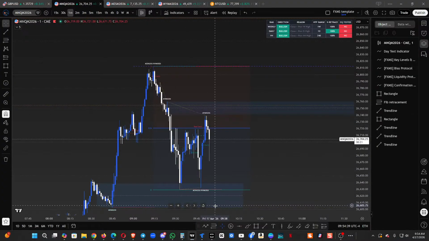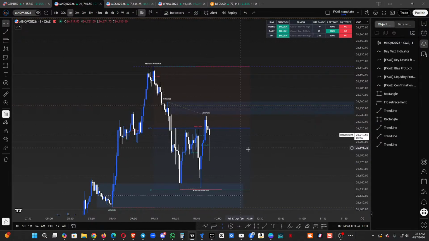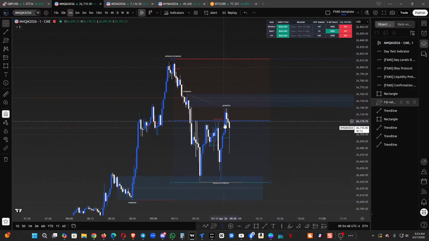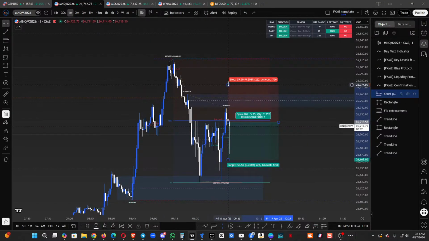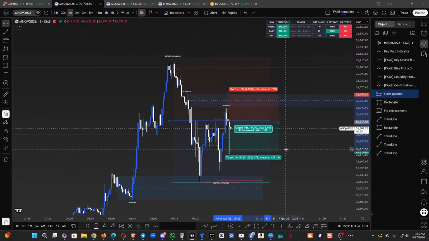I'd rather take it after we sweep out a clear level here on the 15-minute range, rather than taking these 1-minute gyrations, even though it looks like it could be good. But I would have taken it if we had gotten this setup right here after sweeping out this high. Then for sure, the closure here would have been my entry, and my stop would have been above this order block, would have been 40 points, and then we would have got 1-to-1 right away.